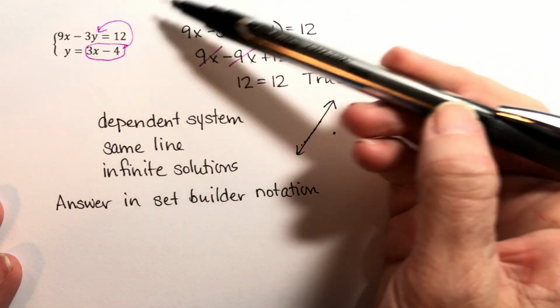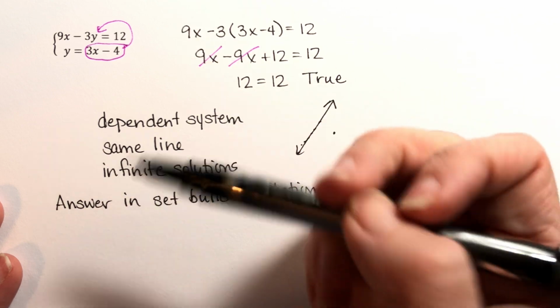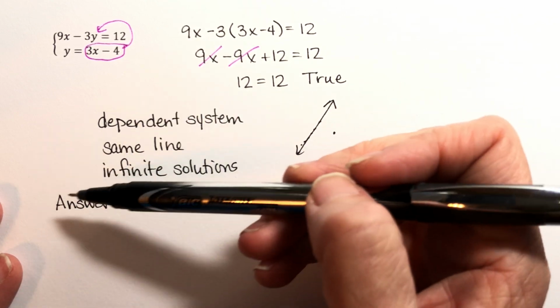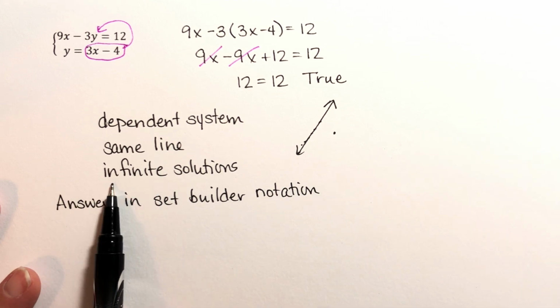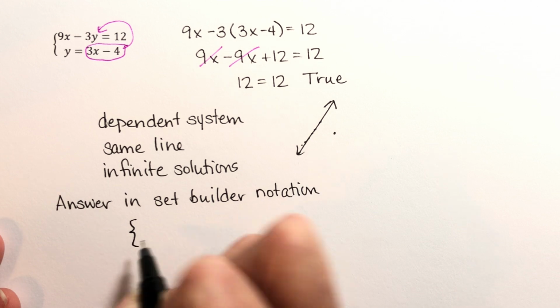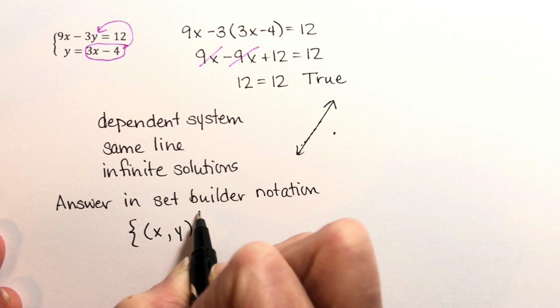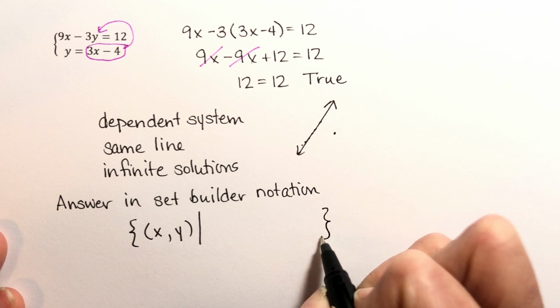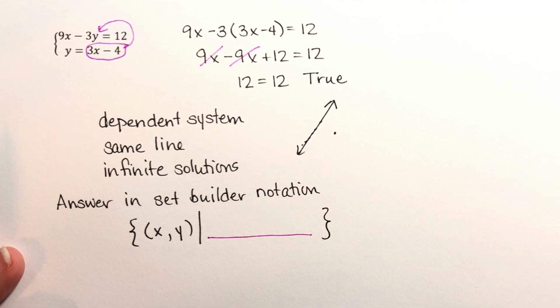They'll give you a system, ask you to solve it. The first choice will be there is a solution, it's this ordered pair. The second one would be that this is an inconsistent system, it has no solution. And then they would have dependent. You would pick the bullet by that. And it would probably have this much provided for you. And right here, you have a blank that you're supposed to fill in.